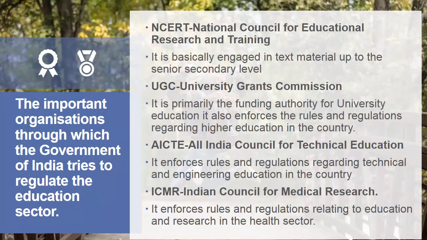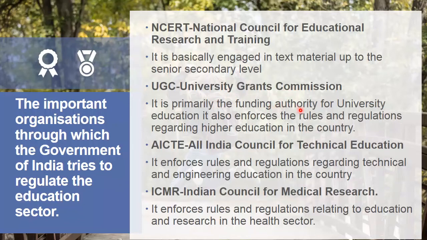Here are some important organizations in our country through which the government of India tries to regulate the education sector. First, we have the NCERT. What is the full form of NCERT? The National Council for Educational Research and Training. Now, this organization is basically engaged in coming up with text material, courses, syllabus up to the senior secondary level.